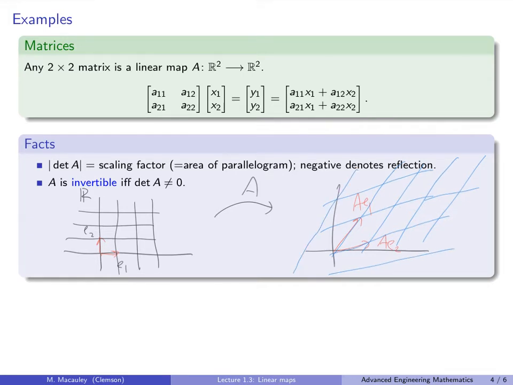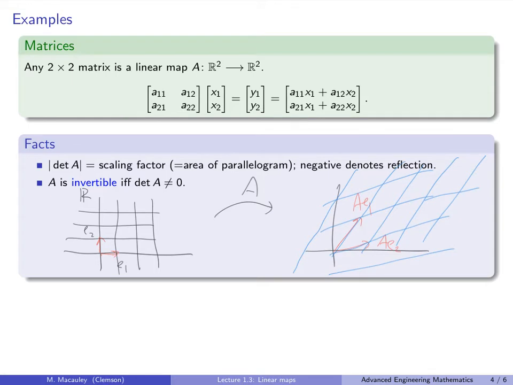So here's how I want you to picture this. Picture coming over to this side and taking e1 and e2 and picking them up and dragging them. So take e1 up to here and e2 up to here, and drag them there, and suppose that the grid goes along for the ride. You know what I mean by that? So that wherever you pull these vectors, the grid goes along with it. So you get this grid of parallelograms.